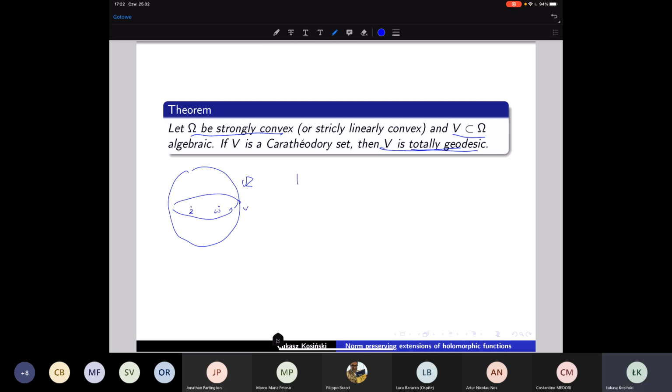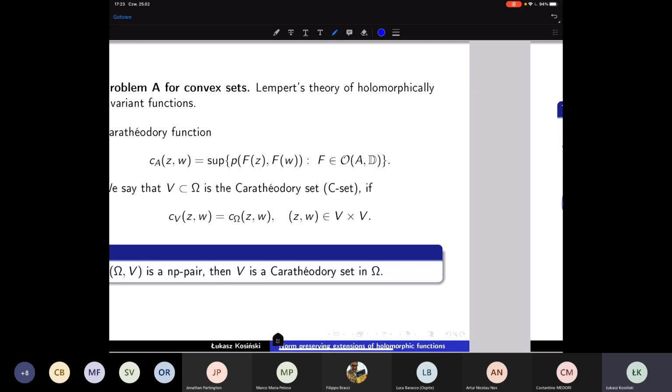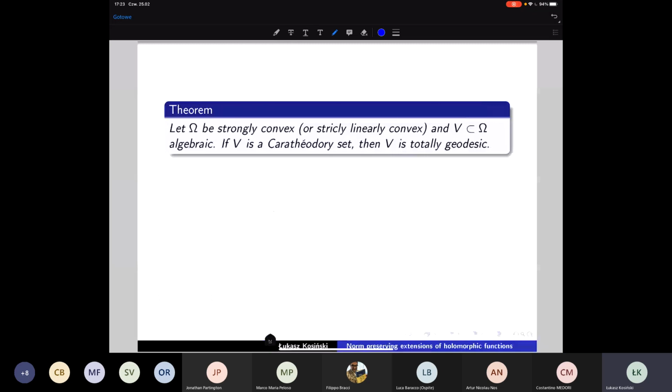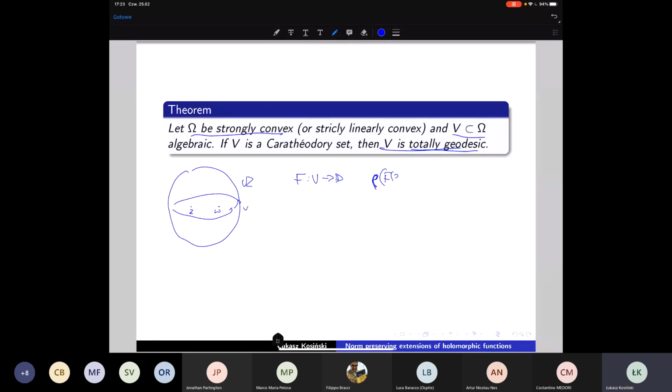Let f be a function on V for which this supremum is attained. So this is equal to C_V of z, w.